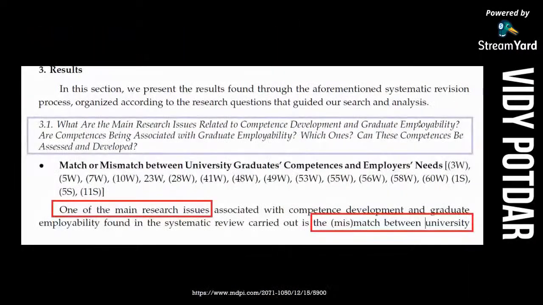Another paper. All right, so this is the paper that I was referring to early on in the webinar, where I said that you can actually explain your results based upon the research question that you have. Okay, so here, this paper, they have this research question.